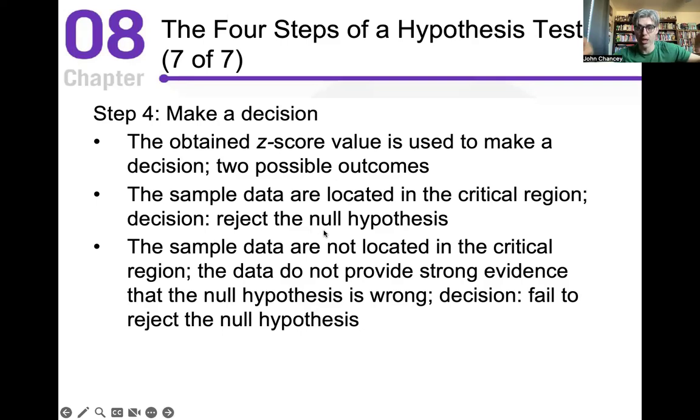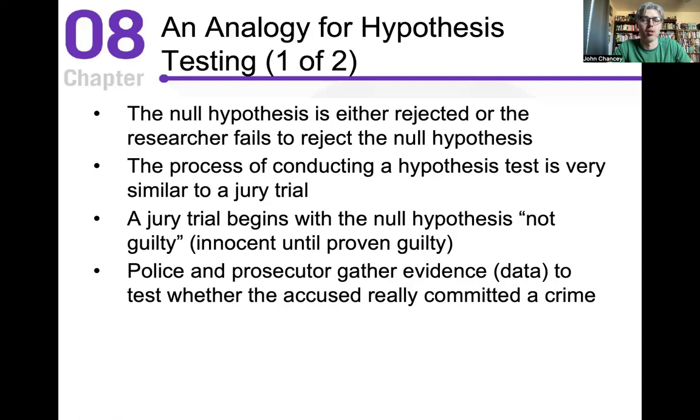So if it's in those tail regions, the 1.96 values we talked about in a previous slide, we reject. If the sample data are not located in the critical region, the data do not provide strong evidence that the null hypothesis is wrong. So in this case, we fail to reject the null hypothesis. So the null hypothesis is either rejected or the researcher fails to reject the null hypothesis.